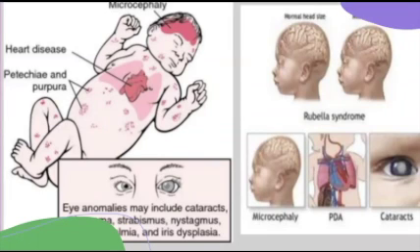diseases caused by rubella virus. In newborns it can cause microcephaly and heart diseases. Newborns may have purpura in the skin.